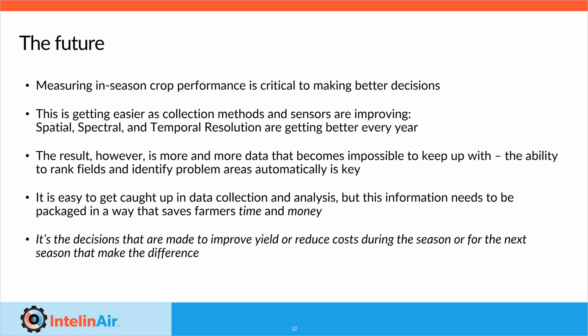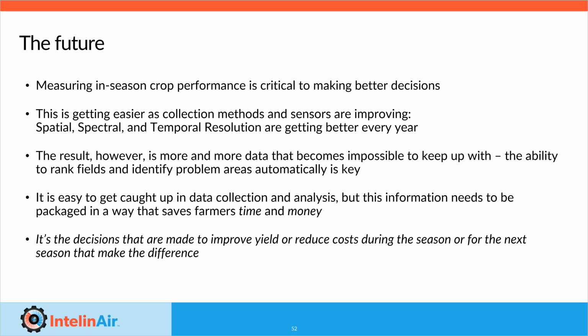You're seeing higher and higher resolution images, from satellite down to 50 centimeter, 10 centimeters. Some drones are even able to get sub 2 centimeter. Spectral resolution, the different bands we discussed. Temporal resolution, especially with satellite, more and more satellites up in the sky, the ability to even get daily satellite images. Of course, the challenge with all of this is just more and more data, right?